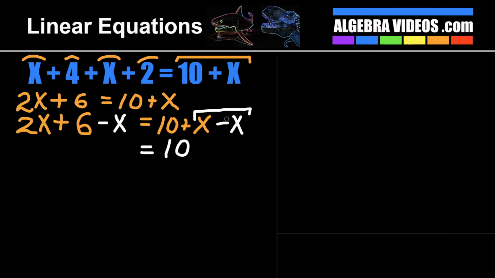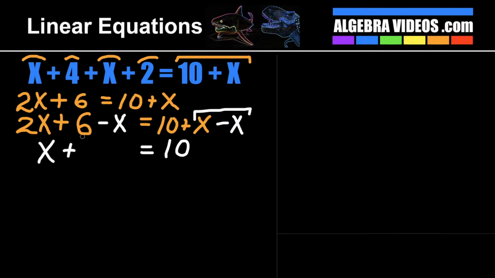So that's good. We got rid of the x on the right side. And now what are we left with over here on the left side? We have a 2x plus 6 minus x. Well, once again, we can combine those like terms. 2x minus x just becomes 1x.